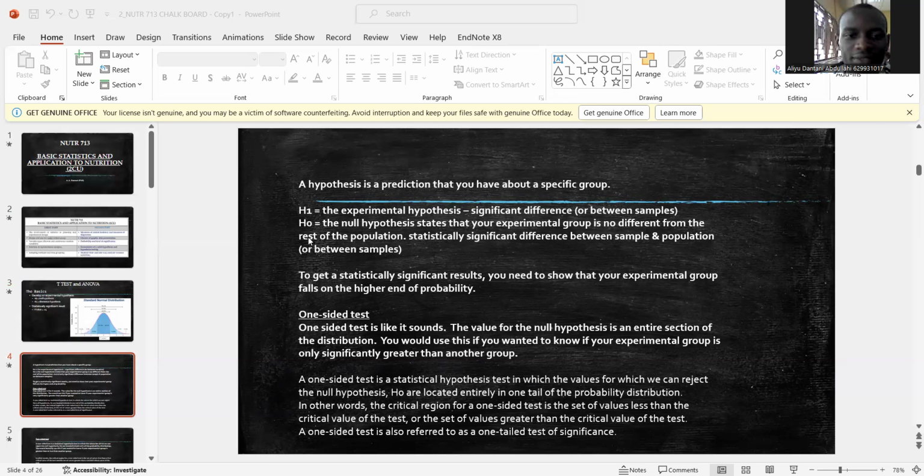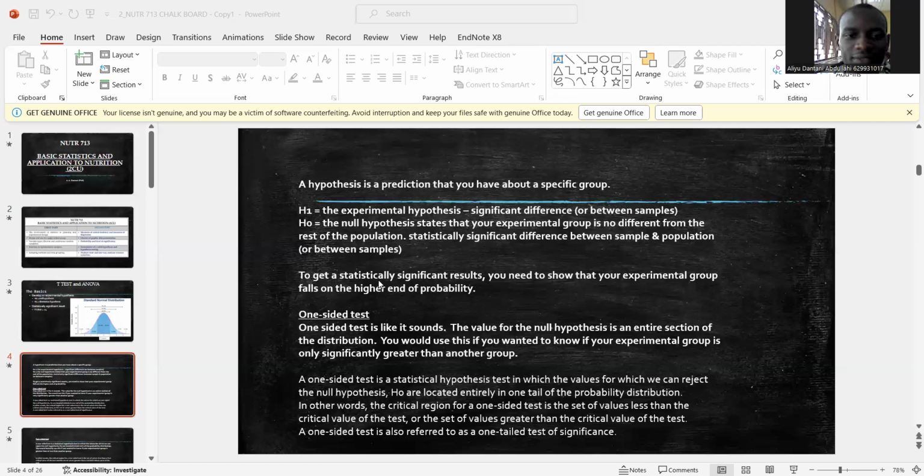While the null hypothesis asserts that there is no difference between two samples, two populations, two groups, and so on. You understand? So it makes it very easy. The null, of course, the English word null means no, nothing, no difference, right?